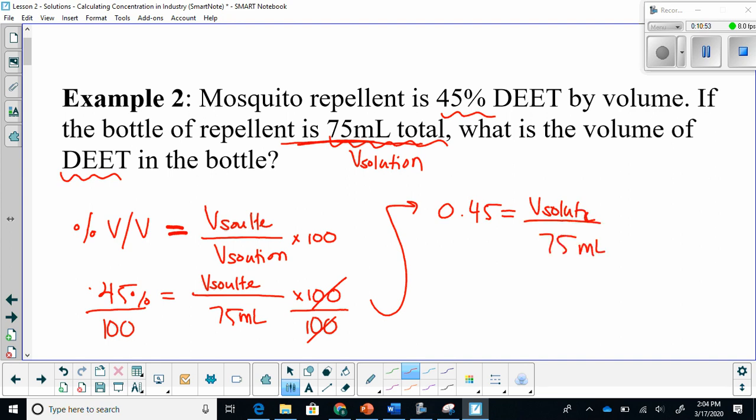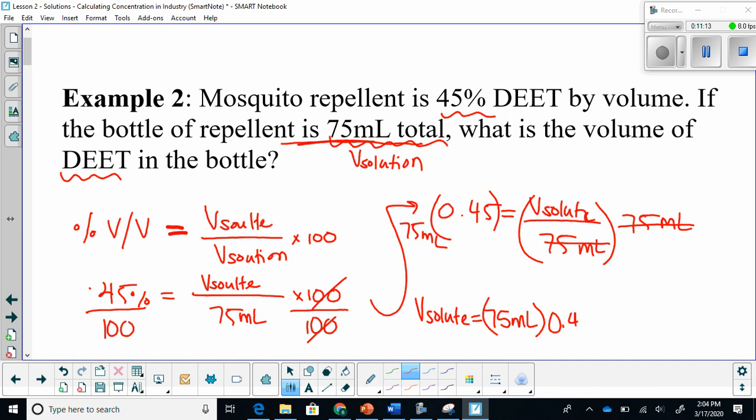We're going to go ahead and multiply 75 milliliters on both sides, because whatever we do to one side, we must do to the other. Cancel, cancel. V solute is equal to 75 milliliters multiplied by 0.45, which gives me 34 milliliters.